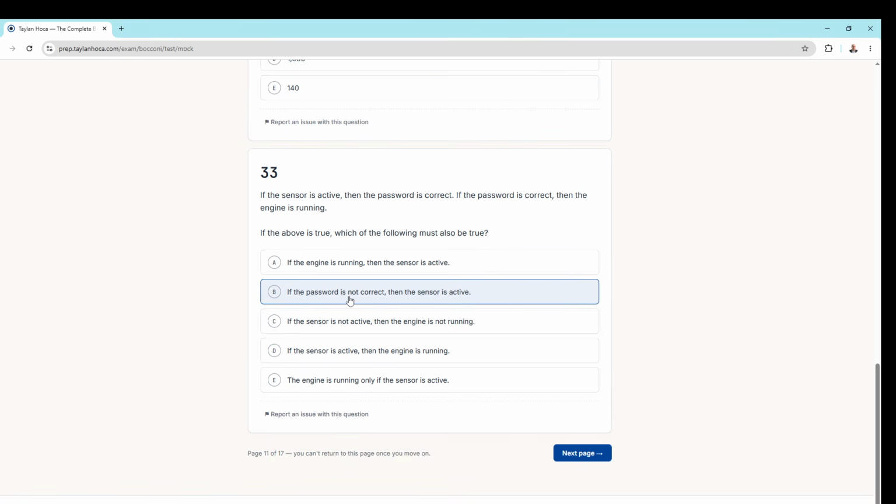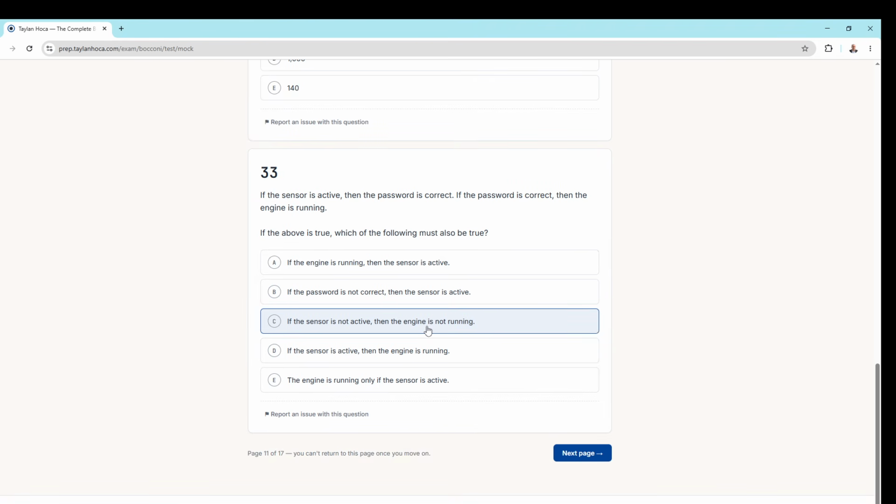If the password is not correct, then the sensor is active. Oh no. If the sensor is not active, then the engine is not running. Yes, because, I'm thinking, just a moment. If the sensor is not active, then the engine is not running.